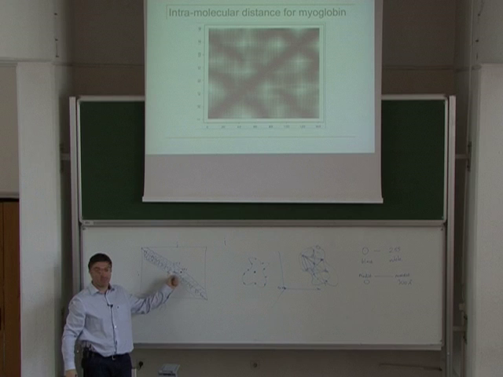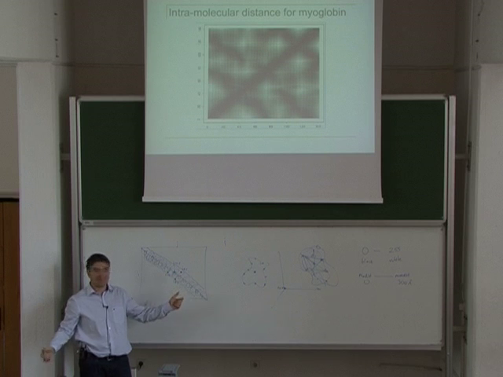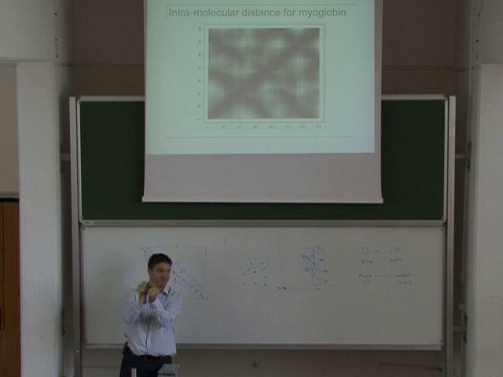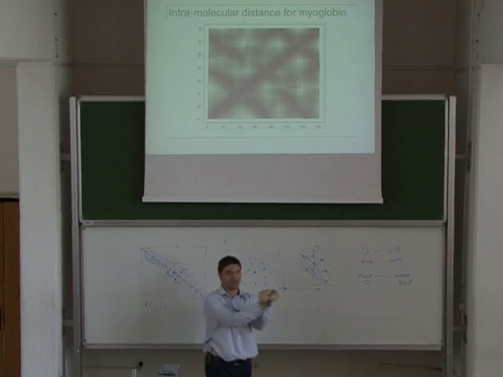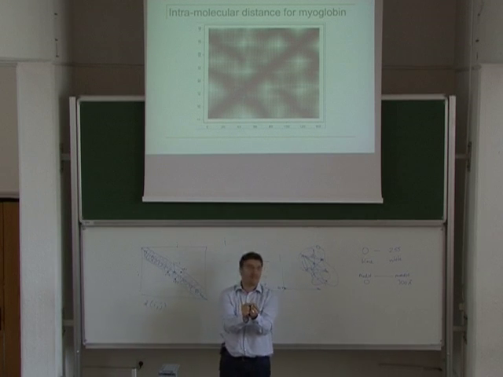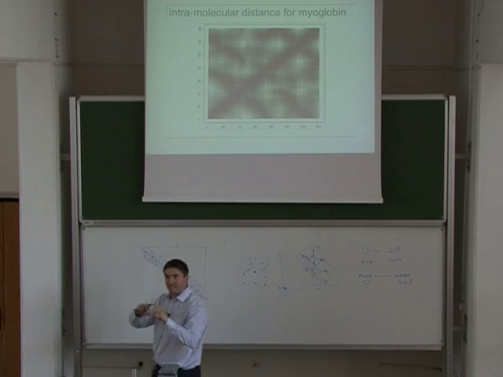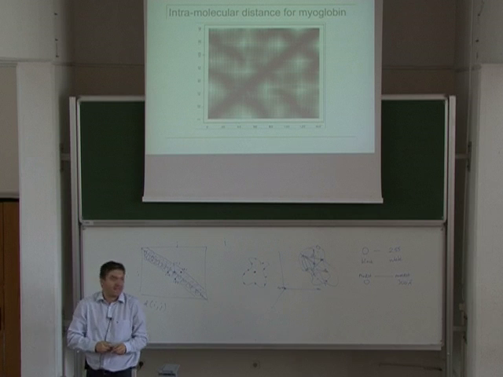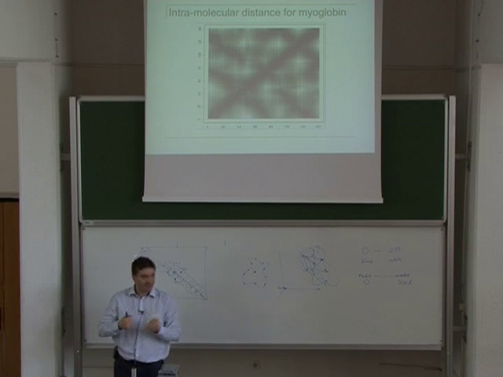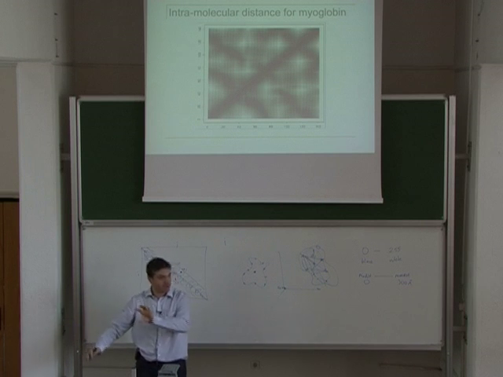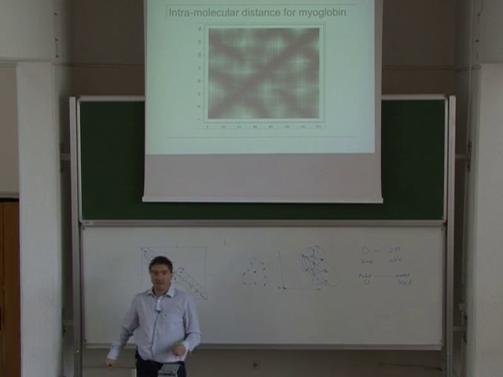How far can you be to I plus 1, if you're amino acid I? Not much, right? Because you're all bound together with a peptide bond. So we have a linear string of amino acids. You cannot be very far away from your neighbors, left and right. The thickness of the diagonal shows that. Each of these amino acids is tied to the others by peptide bonds in a linear way.